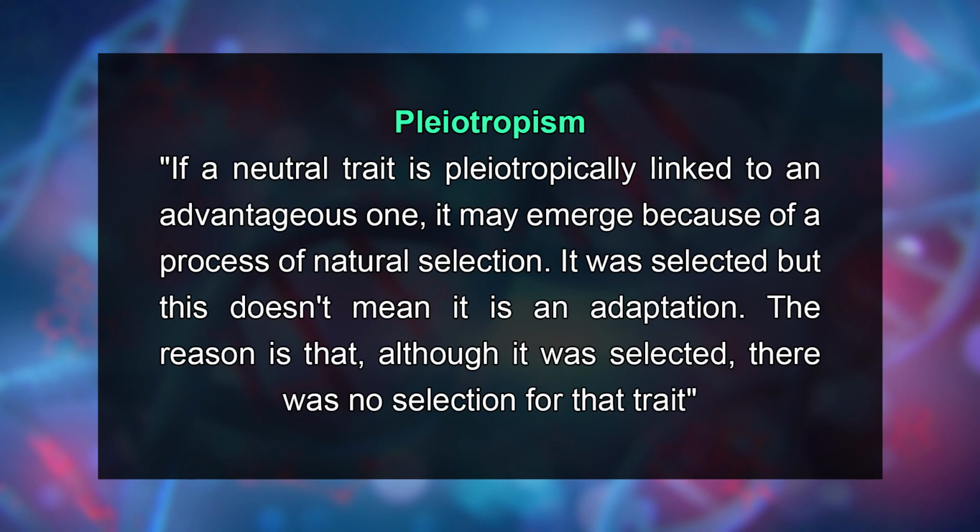If a neutral trait is pleiotropically linked to an advantageous one, it may emerge because of a process of natural selection. It was selected, but this doesn't mean it is an adaptation. The reason is that although it was selected, there was no selection for that particular trait.